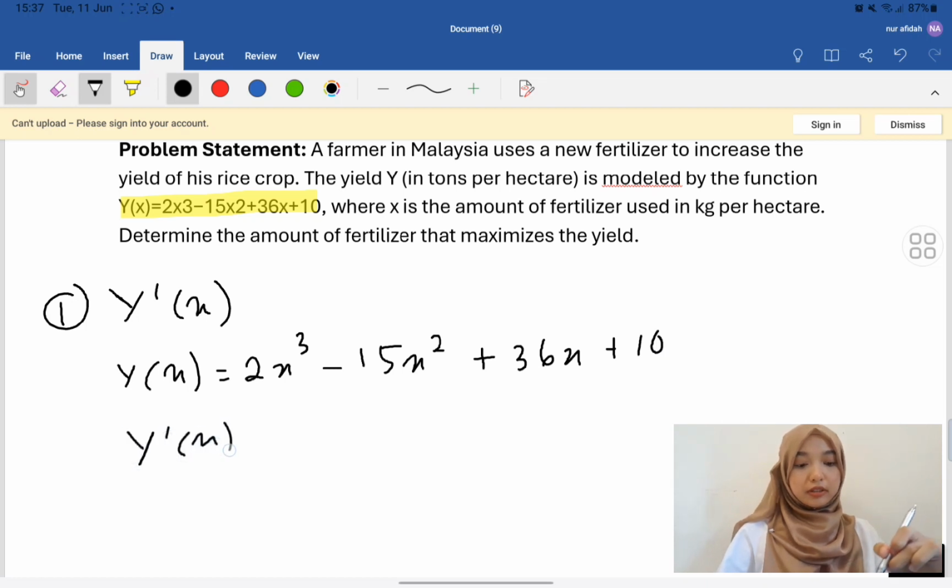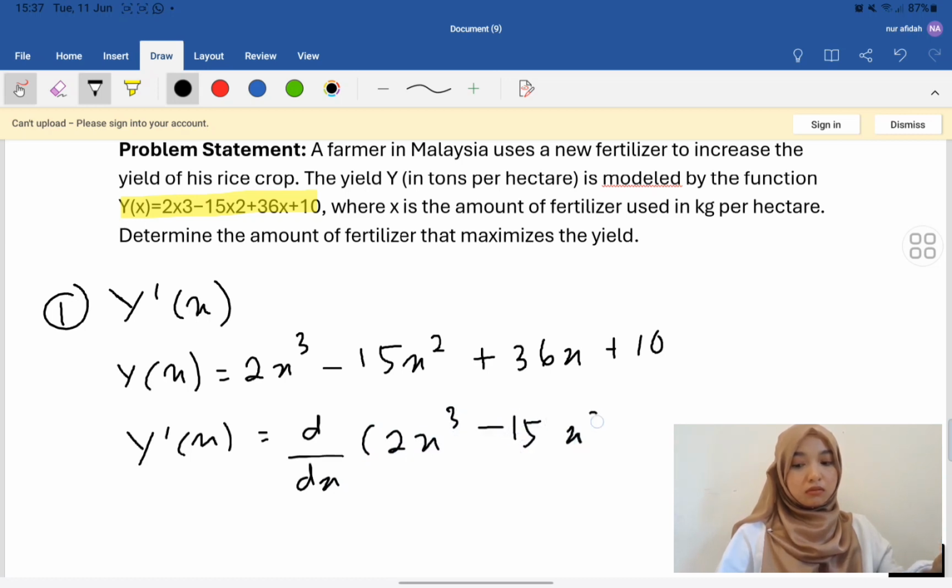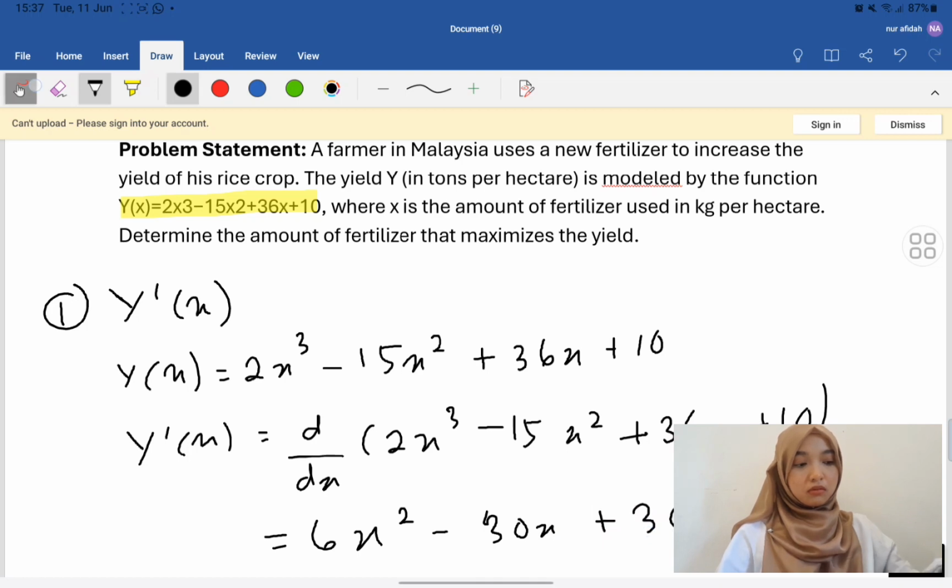Taking the first derivative, we got this.